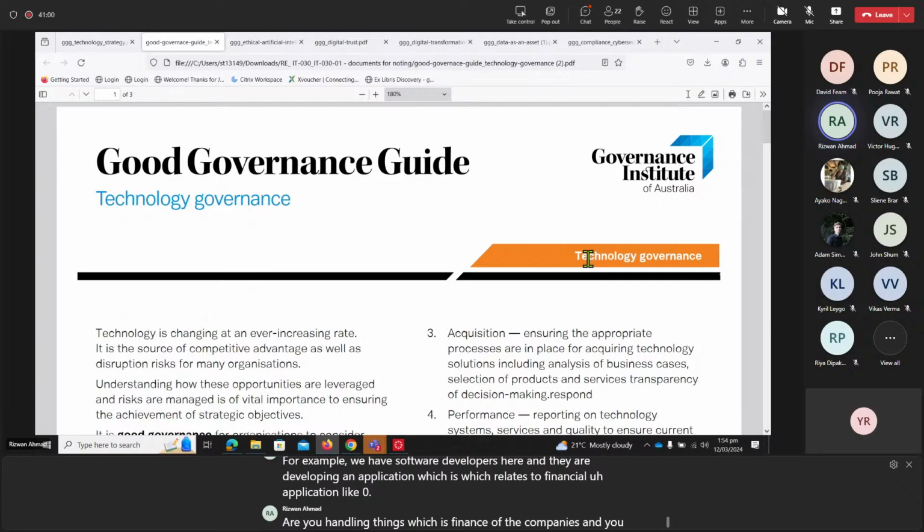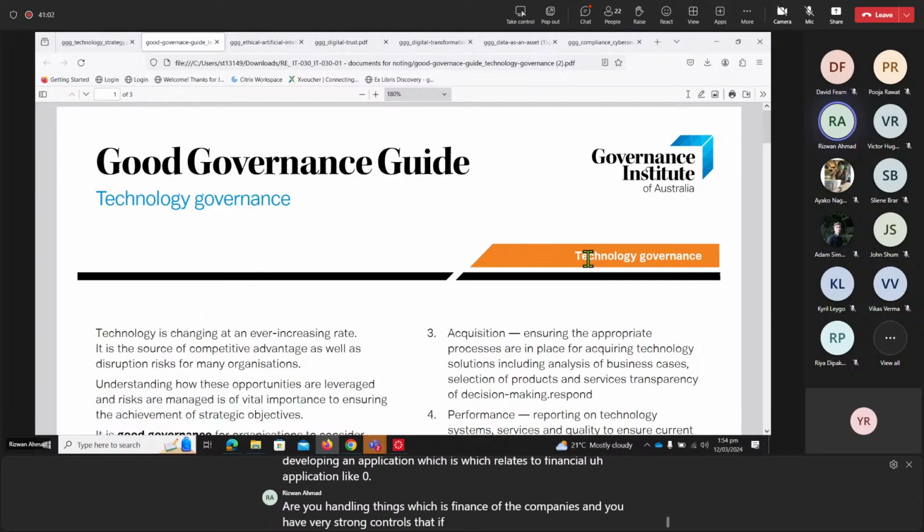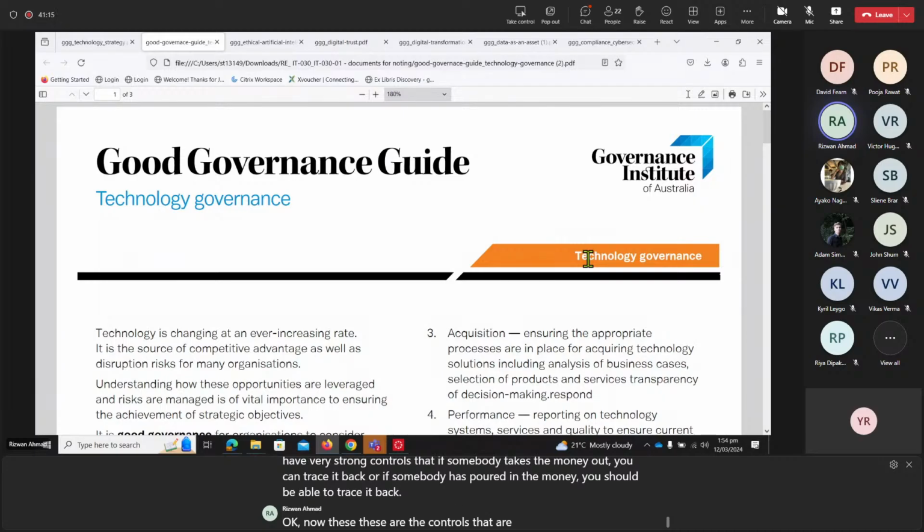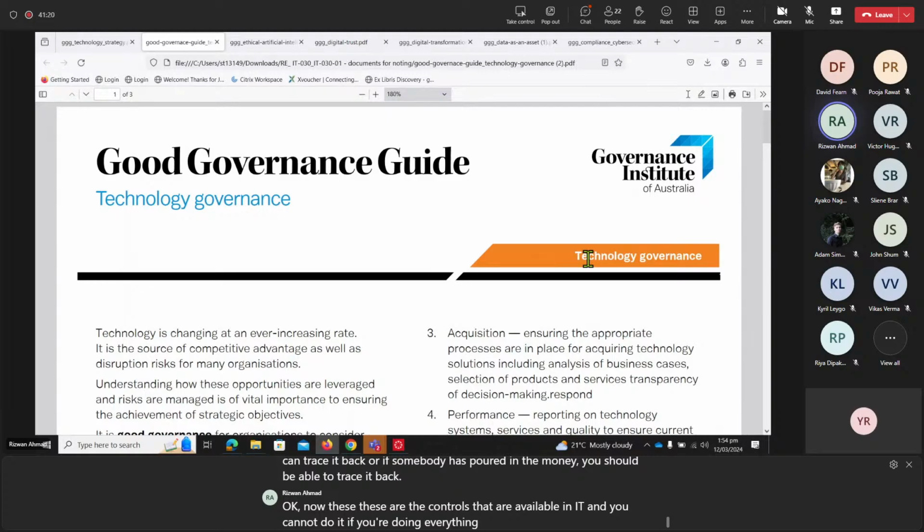And you have very strong controls, so that if somebody takes money out, you can trace it back, or if somebody has poured money in, you can trace it back. These are the controls available in IT, and you cannot do this if you're doing everything manually, right?